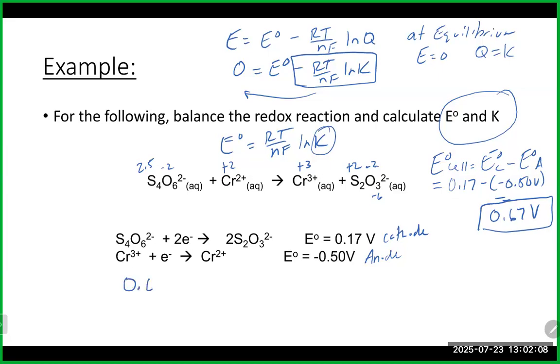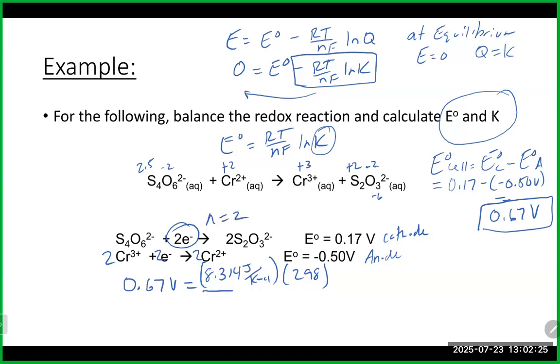We're going to go 0.67 volts equals our R, 8.314, times 298. Our N in this case, if we balance it, we do need to pop a 2 through here, so N would equal 2.